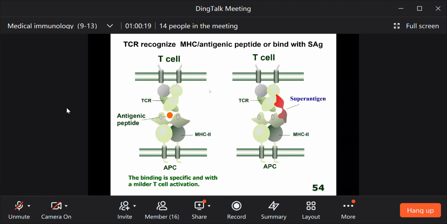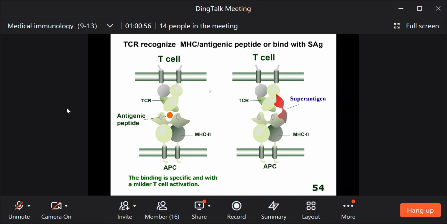So we can imagine that there is no antigen peptide for the T cell. The T cell has not gotten the specific signal from the antigen. So this activation of the T cell is ineffective. But the T cell gets the signal that it must quickly proliferate and produce more T cells for an immune response.